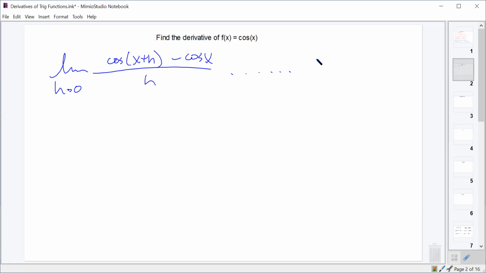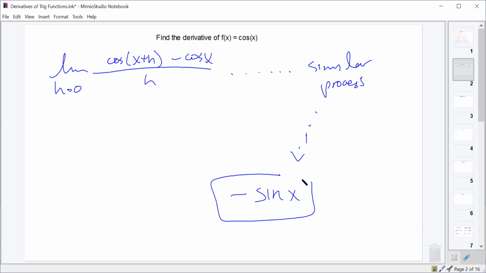And if you go through and do a very, very similar process, in fact, it's the same, except that the cosine of x plus h is not the same as the sine of x plus h. You end up getting negative sine of x. So the derivative of cosine is negative sine of x.